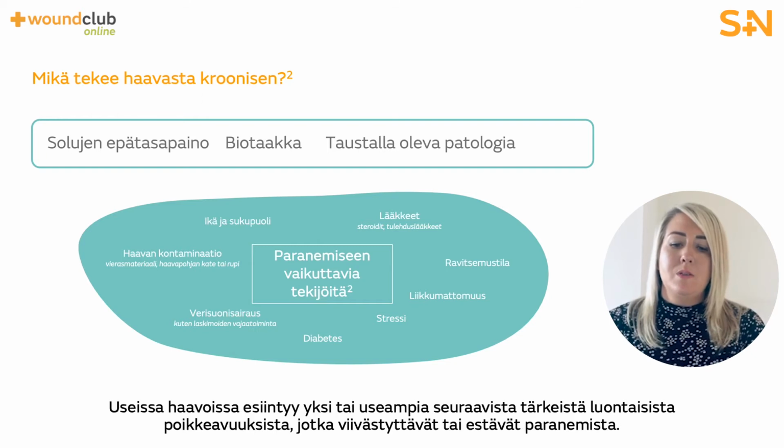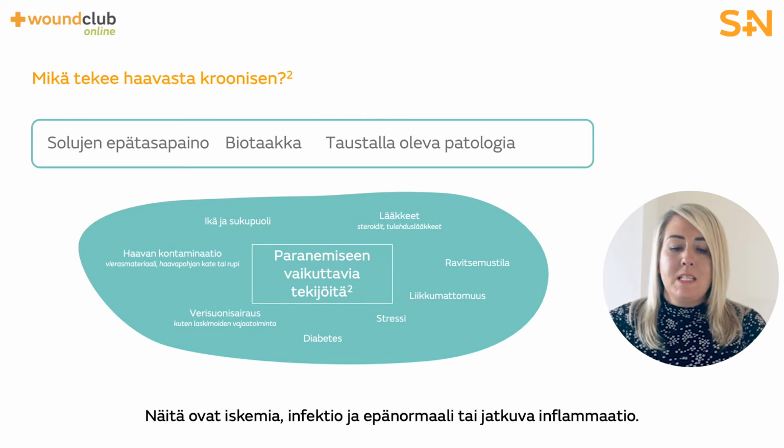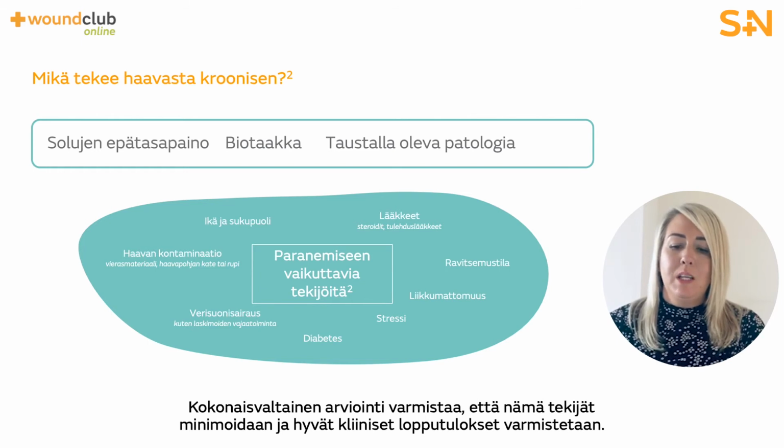For many wounds, one or more of the following key intrinsic abnormalities will also be present and delay or prevent healing. These are ischemia, infection, and abnormal or persistent inflammation. A holistic assessment will ensure that these factors are minimised to ensure good clinical outcomes.